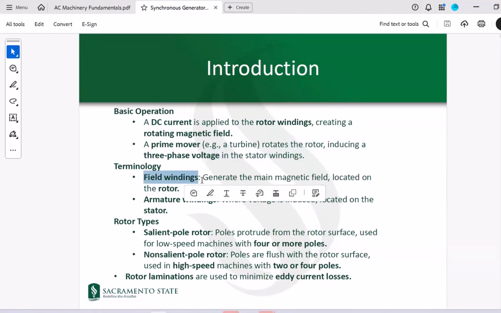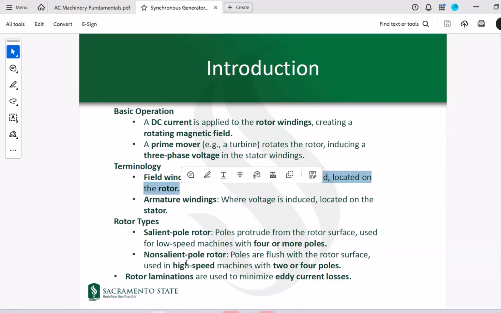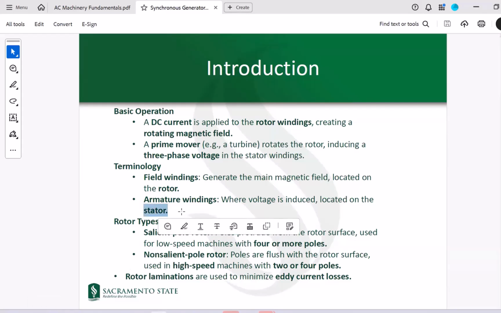Field windings are those which generate the main magnetic field, and they are located on the rotor. So in the synchronous generator, the field winding is on the rotor. The armature winding is where the voltage would be induced, and it would be located on the stator.